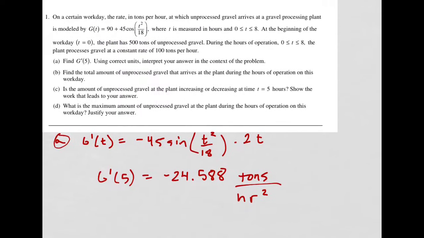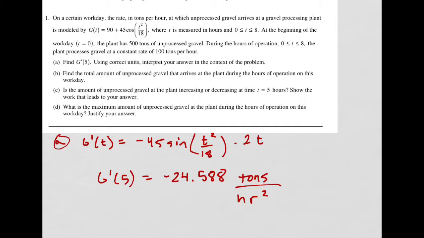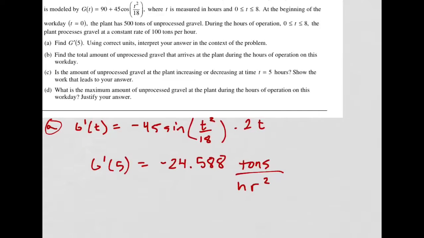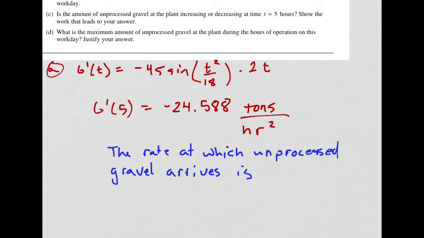At which unprocessed gravel arrives at the... Oh, no. The rate at which gravel is processed is 100. So the rate at which unprocessed gravel arrives is... If I just said the rate at which unprocessed gravel arrives, I could say positive or negative, but if I say it is decreasing, that means I'm talking about the derivative of this.